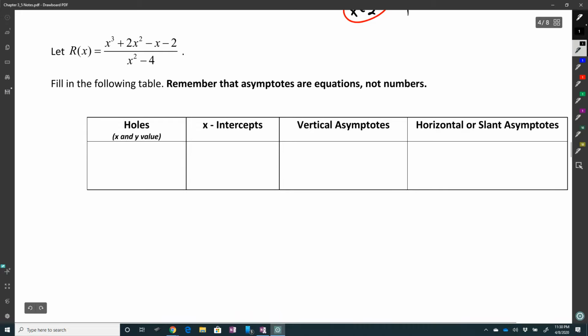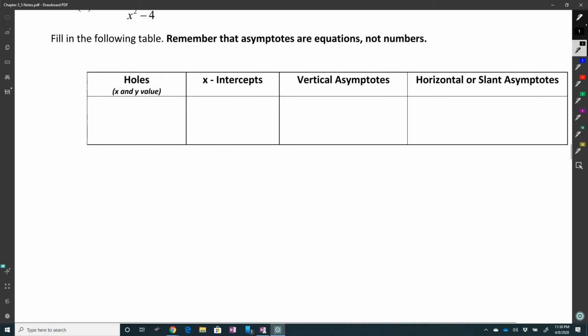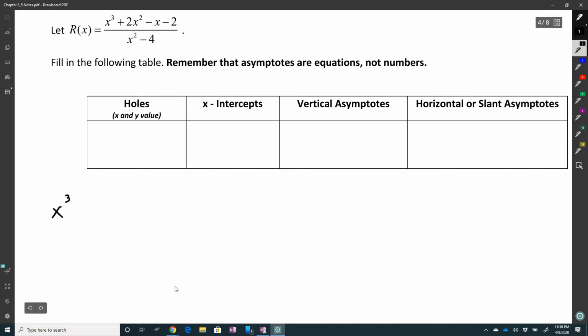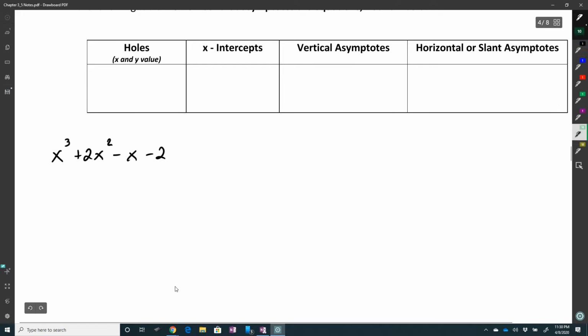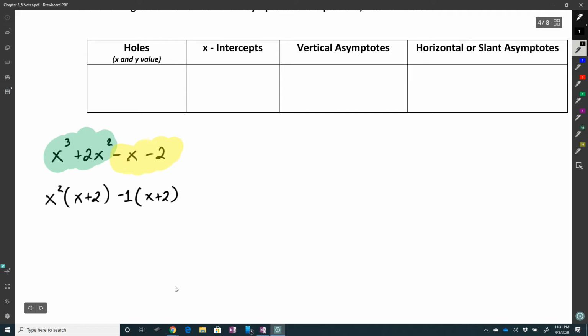So first, let's try to factor it. The top is special: x cubed plus 2x squared minus x minus 2. This is a cubic, and any cubic I give you in this section will be factorable. And we do it by factor by grouping. So these have an x squared in common, which leaves us with x plus 2. Those others have a negative 1 in common, which leaves us with x plus 2. And again, you still have your two groups.